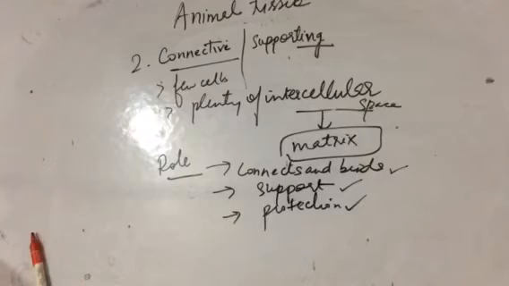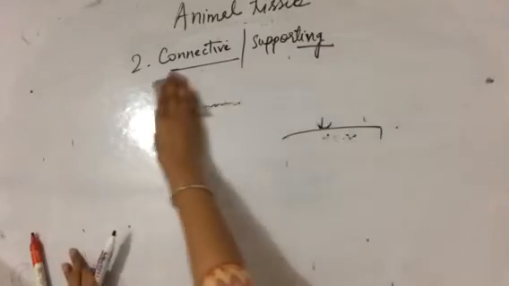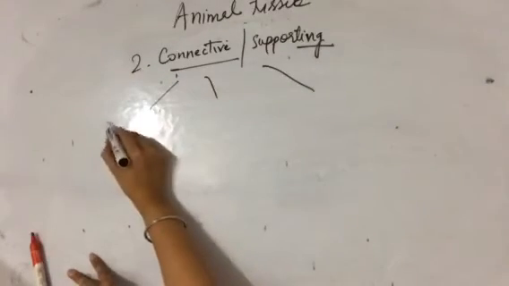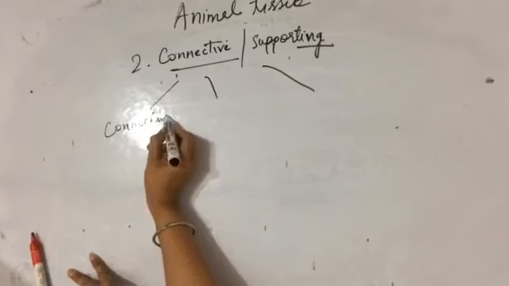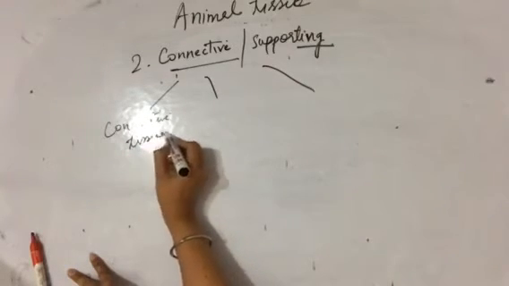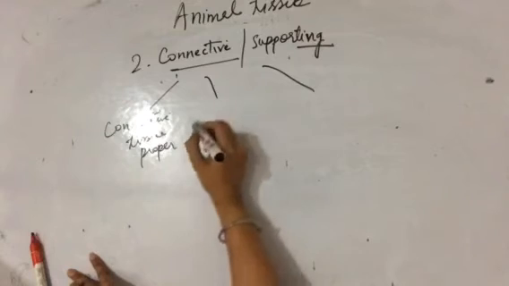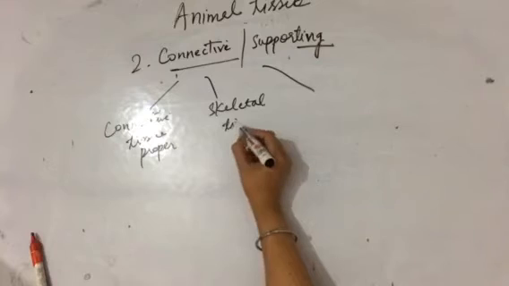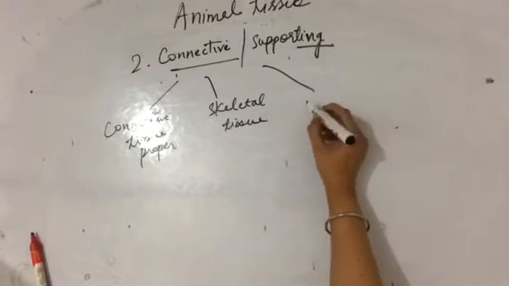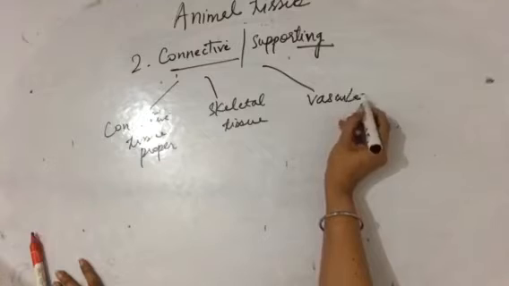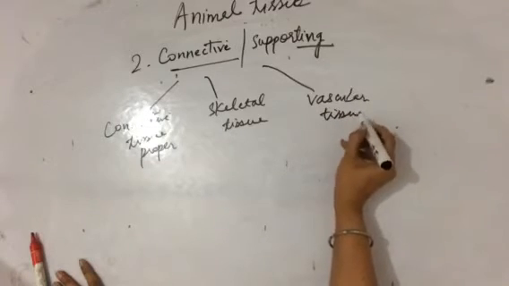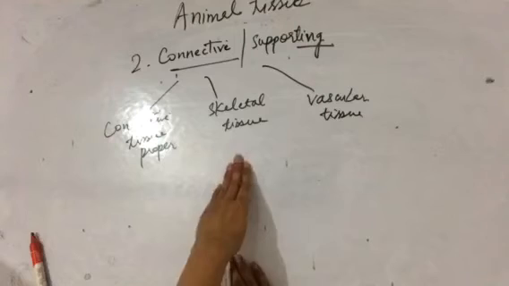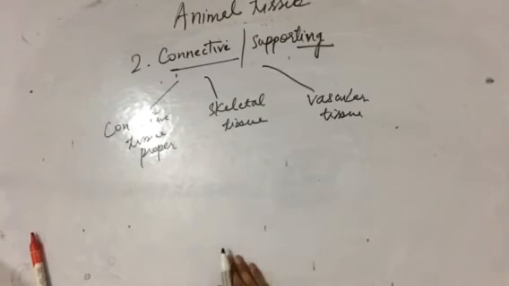Number one is connective tissue proper. Next is skeletal tissue. And the last one is vascular tissue. Connective tissue proper, skeletal tissue, vascular tissue.